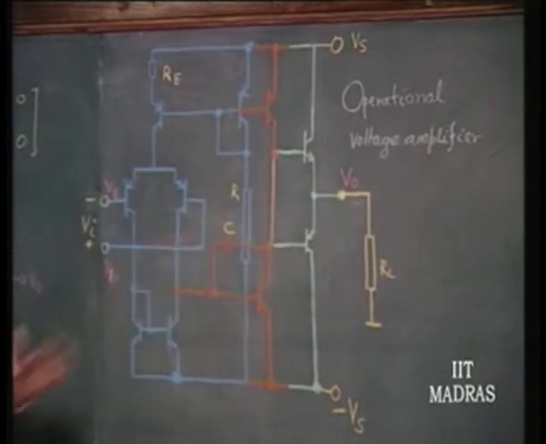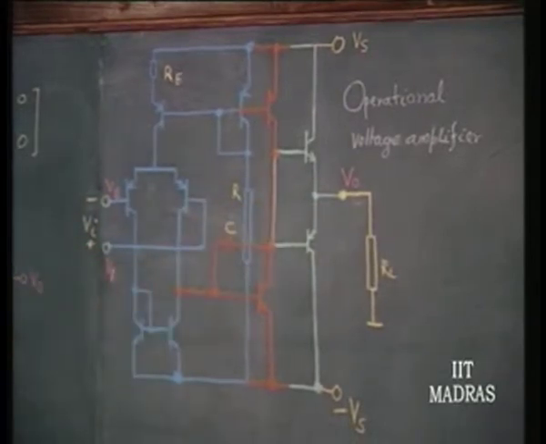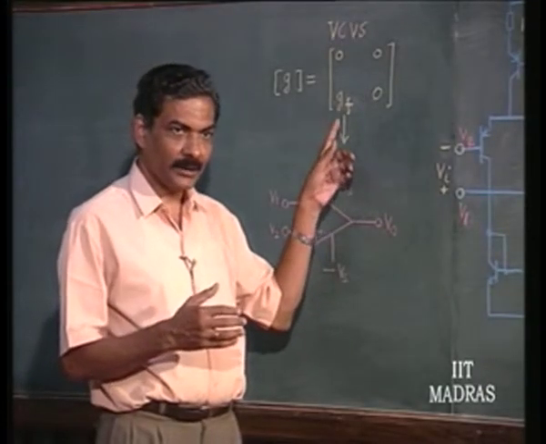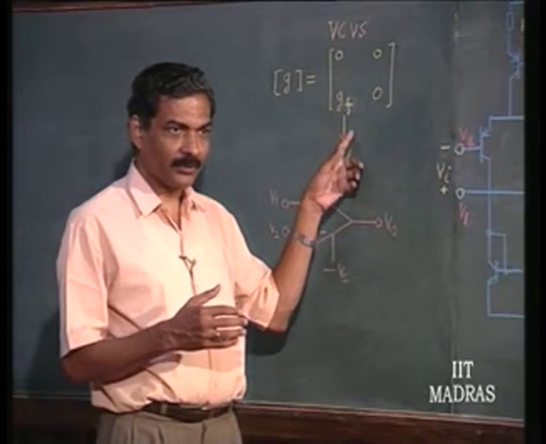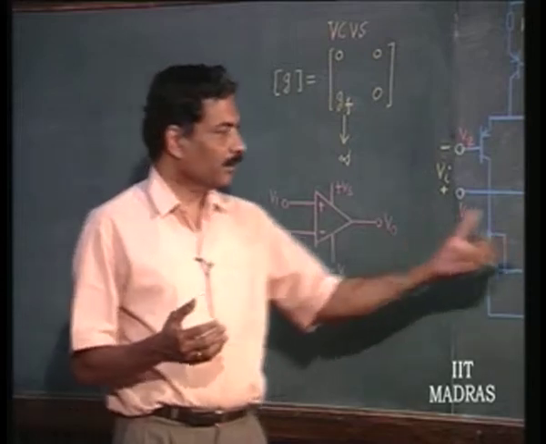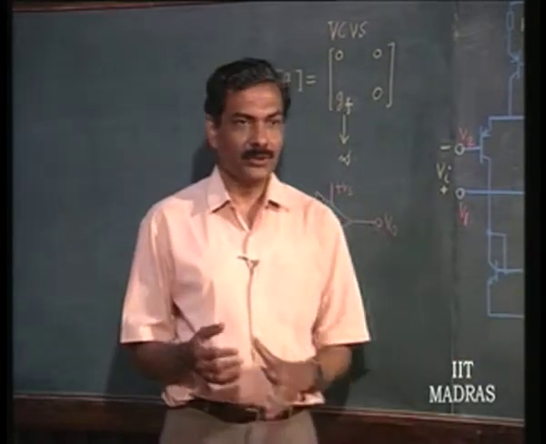Then the output resistance should go towards 0, output impedance should go towards 0. That is taken care of by selecting the proper stage for the output, that is common collector stage. And the very purpose of operational amplifier for operational purpose requires the forward parameter to go to a very high value. That is done by the intermediate stage.